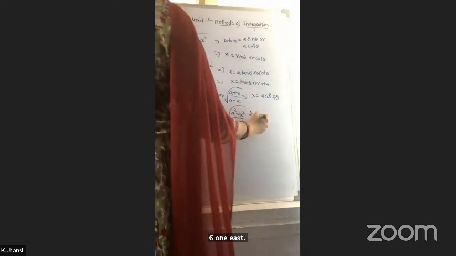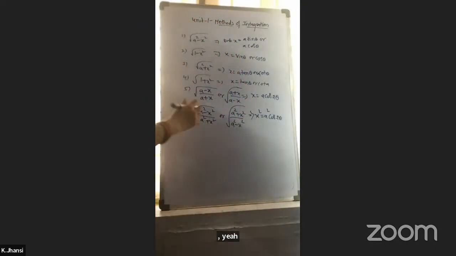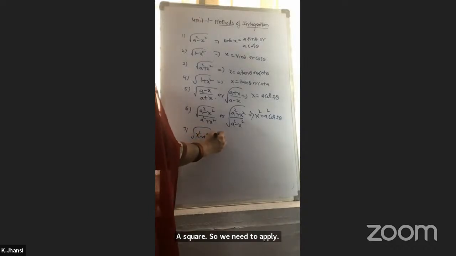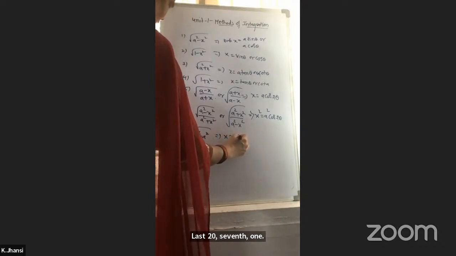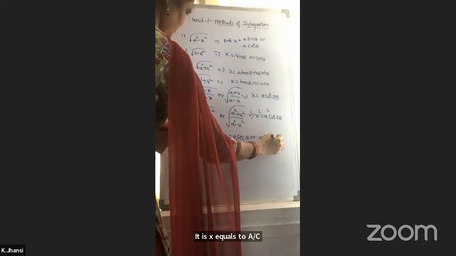So we need to apply here x square is equals to a square cos 2 theta. Last one is seventh one, root of x square minus a square, that is x equals to a secant theta or a cosecant theta.